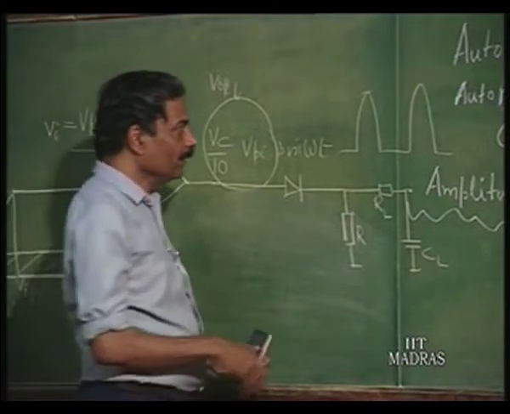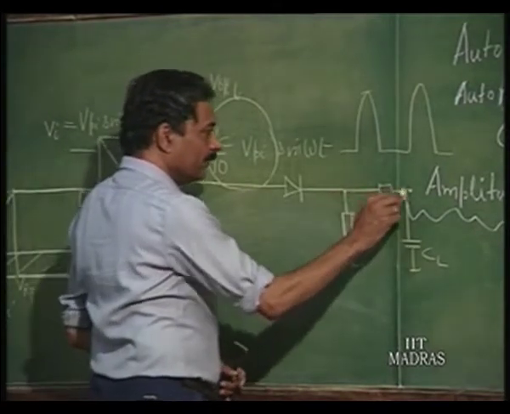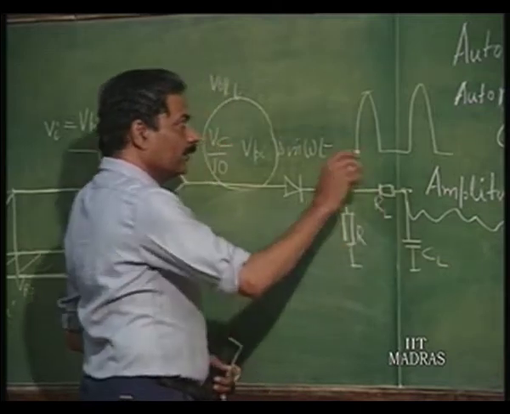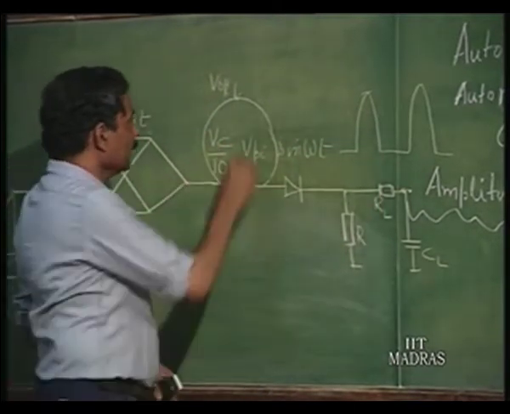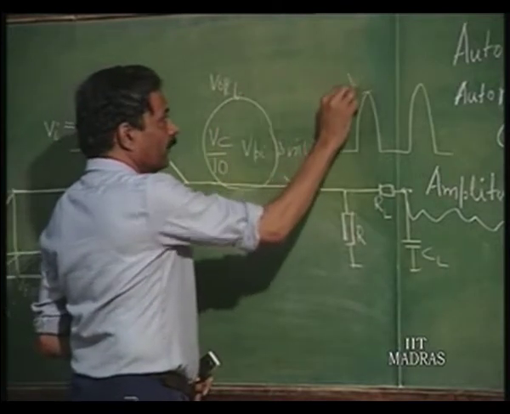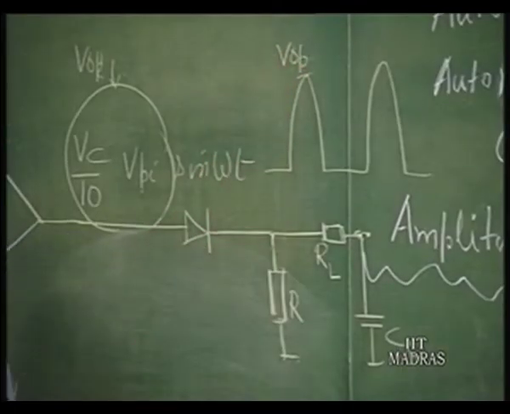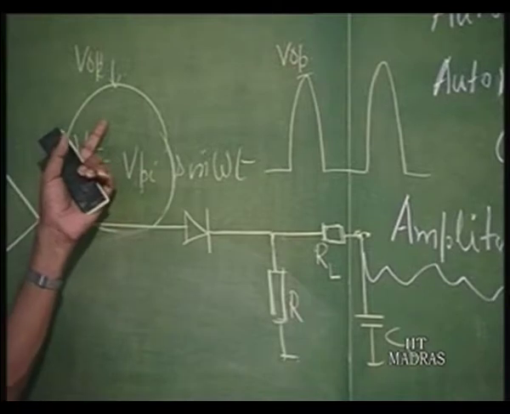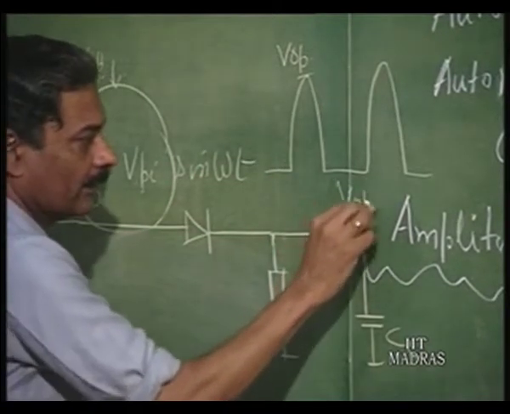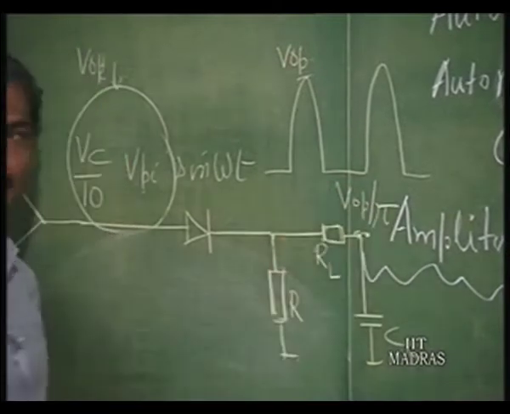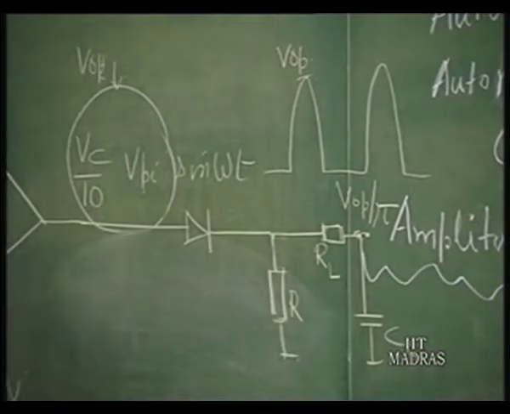Now, what will the low pass filter be determining? It will take the average of this. So, if this peak is given as V naught P as specified here, this will give us V naught P divided by pi. This we had evaluated earlier also in the half wave rectifier.